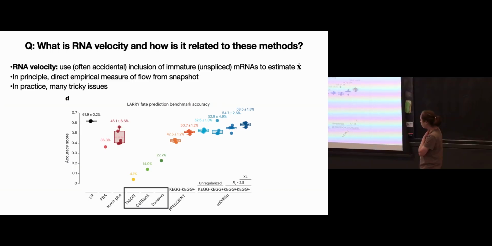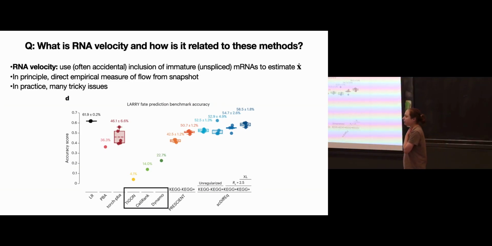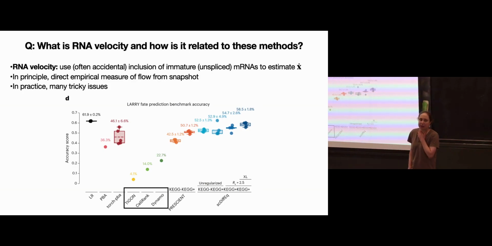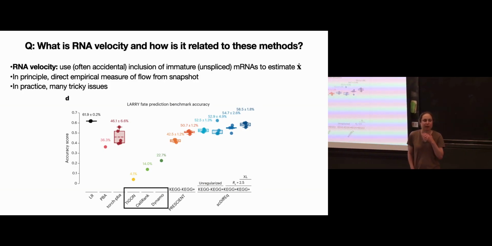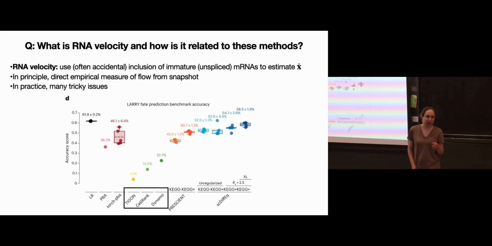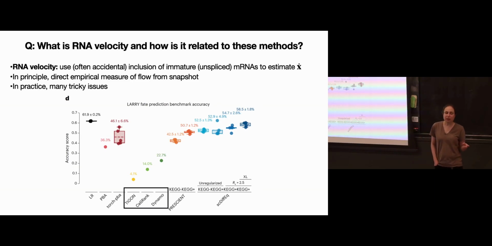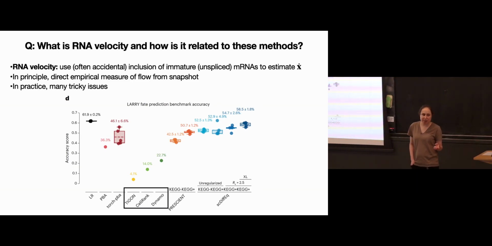One interesting thing about these single cell measurements is that even though it's a snapshot, there is a little bit of temporal information in the raw data. Any one of these experiments will typically capture some RNAs that are not yet mature, and you can tell because they're not spliced.